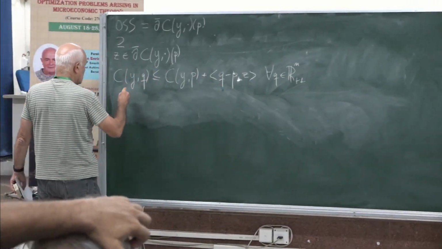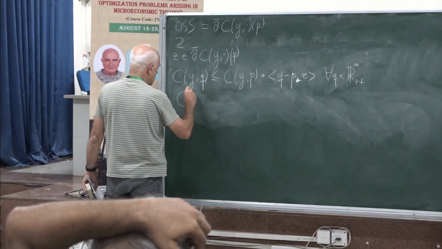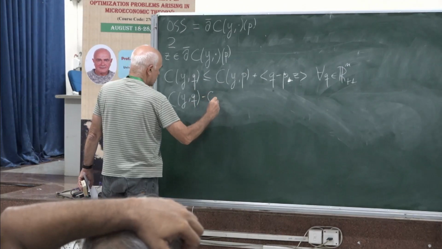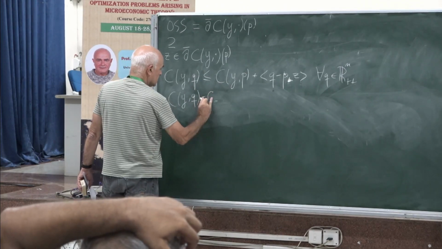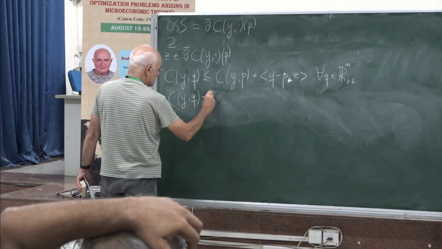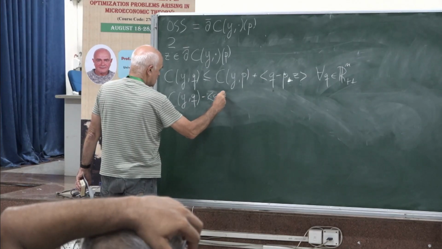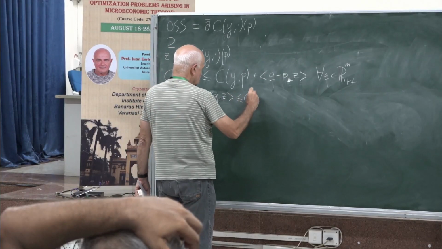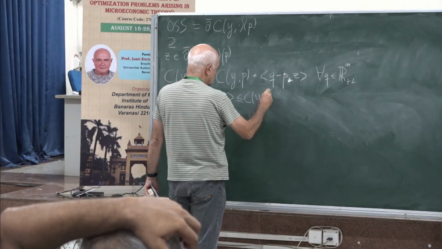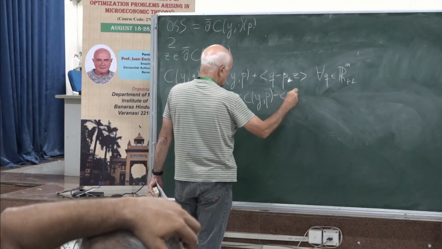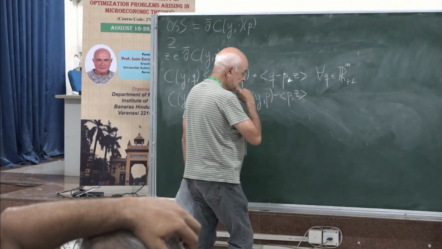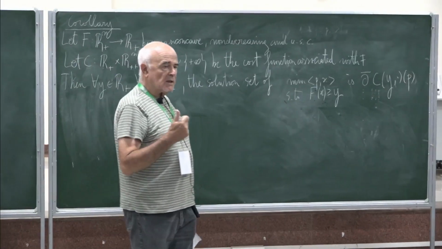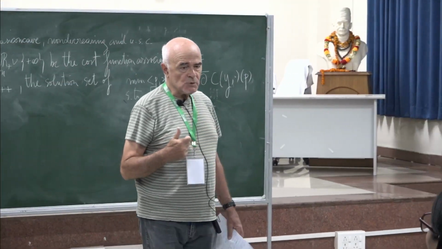Moving one term to the left-hand side, the term depending on q. Okay? And now I can use an argument I have already used.